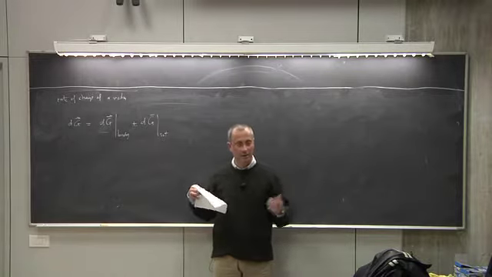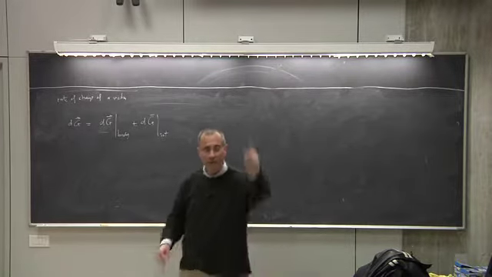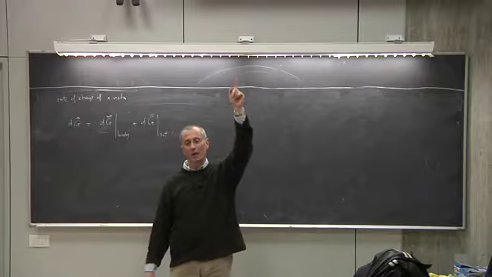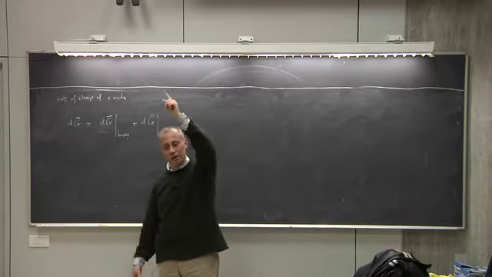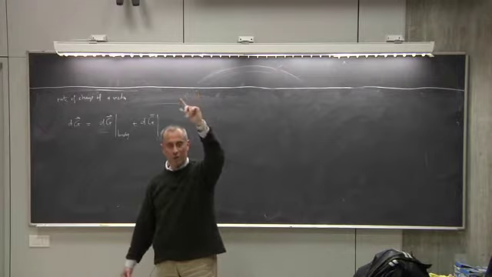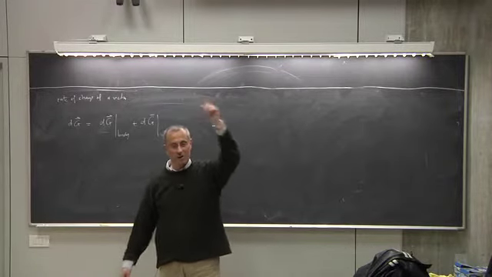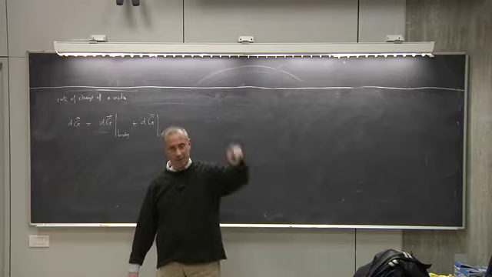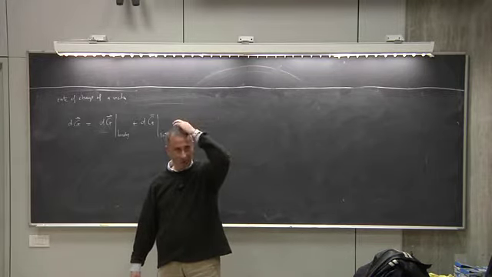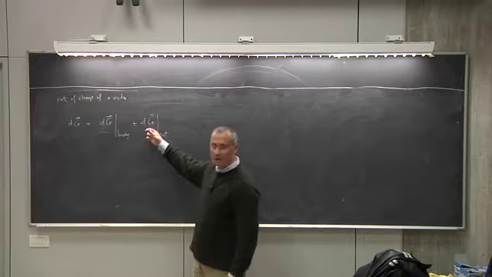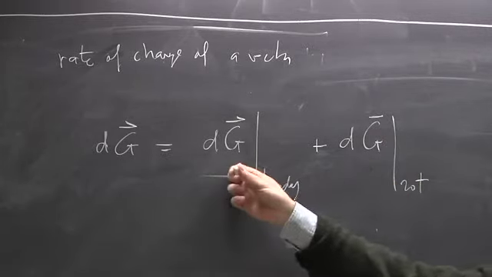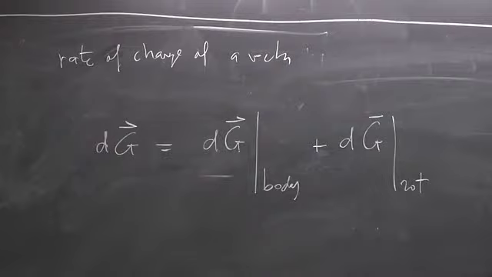It's clear, right? If I'm pointing like this, I'm not doing anything. But if you are standing on the sun, you see me rotating, because in 24 hours I go around 360 degrees. So this is the part that is changing because of the rotation, and this is the part that is changing because some force is moving these vectors.